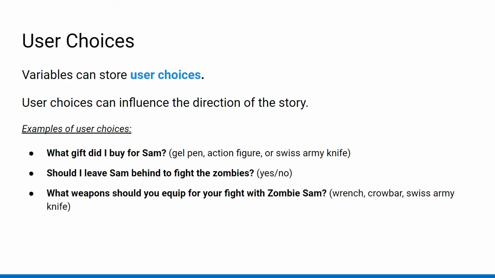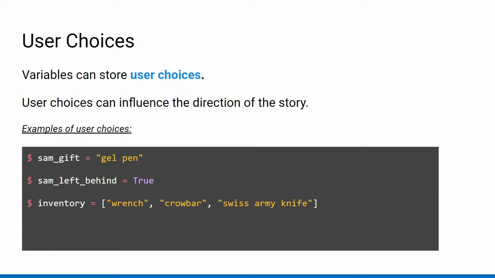That's an example of a variable that is either true or false. And another user choice is, what weapons should you equip for your fight with Zombie Sam? These are all examples of user choices. On the next slide, I'll show you how you might represent them as variables.